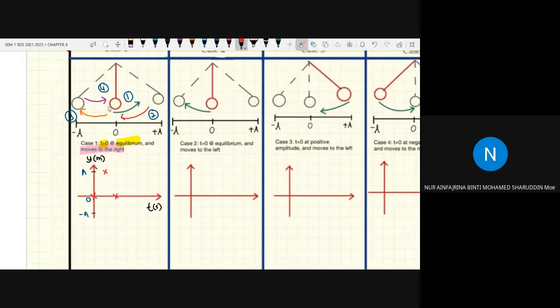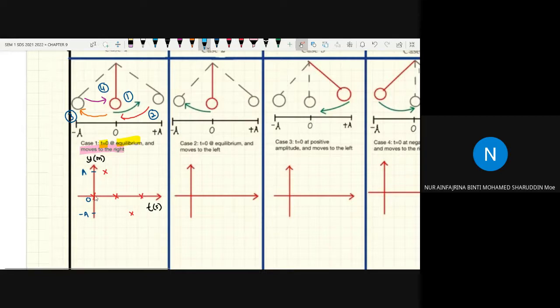And then, lepas dia return to equilibrium, the third step, dia pergi ke mana? So, dia pergi ke negative amplitude. So, your negative amplitude will be around here. And then, dia akan return to mana? Return to equilibrium. So, you akan dapatlah graph macam ni.